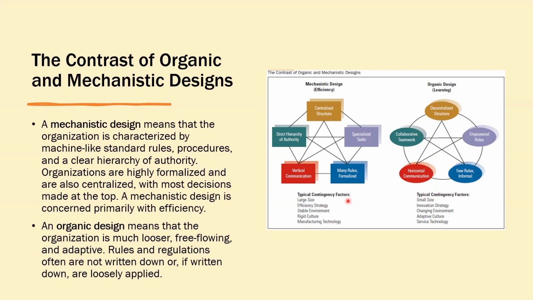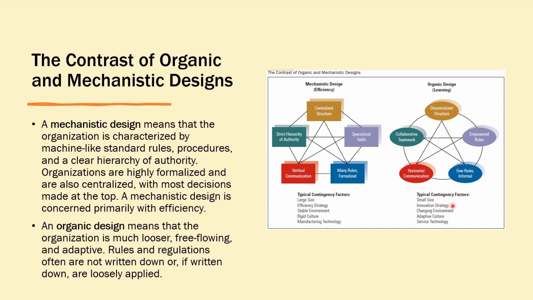Some of the contingency factors that would impact the mechanistic design are that these companies are usually very large, their strategy is efficiency, and the environment that they're operating in is pretty stable. And we'll look at stable and complex environments in the next unit. They have a very rigid culture, and usually they use manufacturing technology. In the organic design, the contingency factors that impact this design are that usually it's a small company.